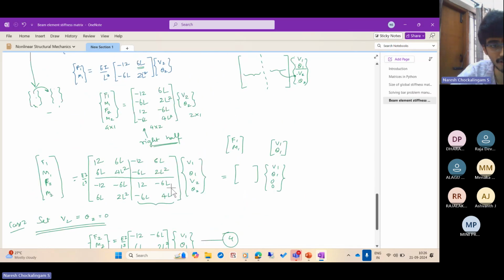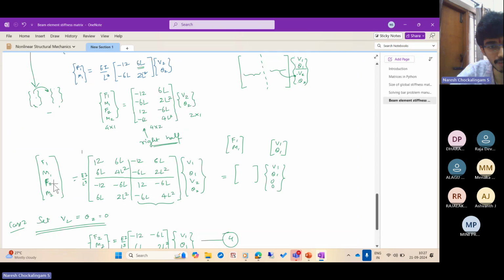Then our stiffness matrix for an element has to be symmetric. So the lower half of this left half can be obtained just by symmetry conditions, right? Then what will be left is just one part. How do you get that part? Again, use the equilibrium equations, because this piece of information actually relates V1 theta 1 to F2 M2 when V2 and theta 2 are 0.